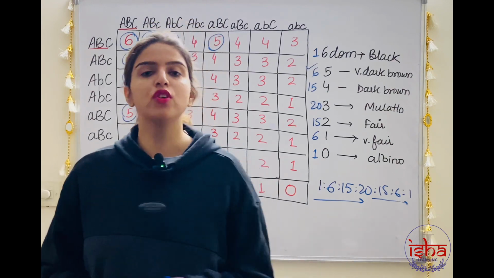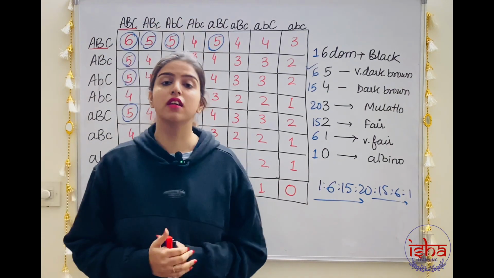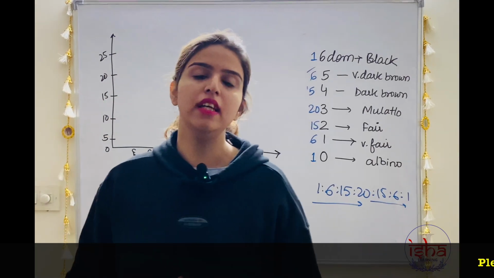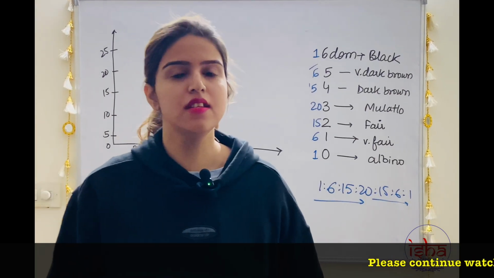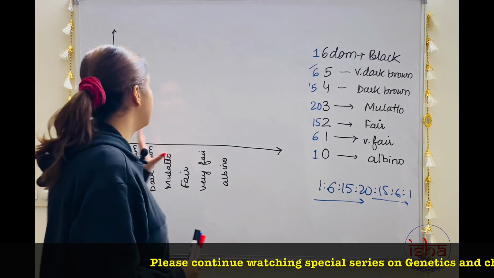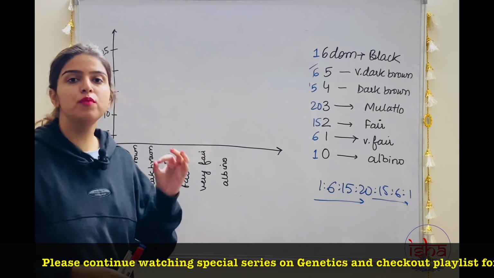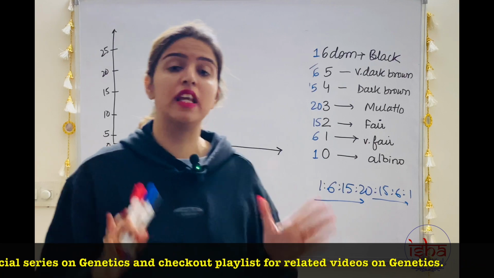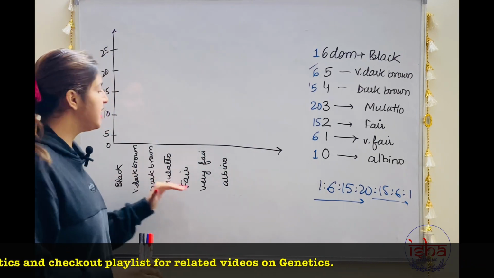Let's quickly move on to the last part and try to get a graph for the polygenic inheritance. Well, in an attempt to draw the graph for polygenic inheritance, what will we write on both the axes? On the y-axis is going to be percent proportion of the population. What proportion of the population lies in which skin color type?